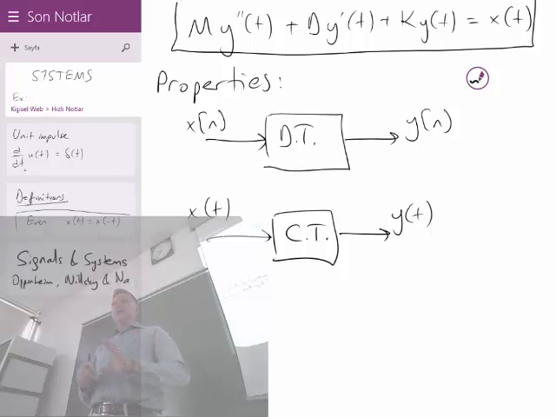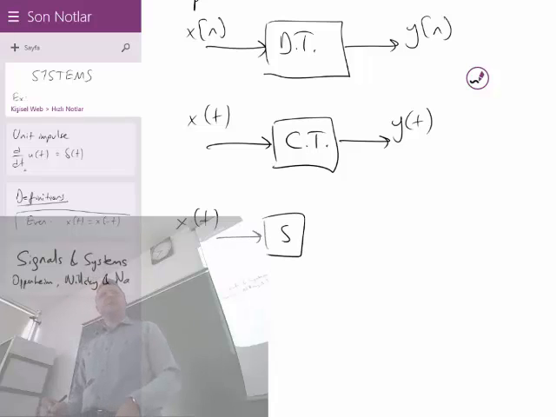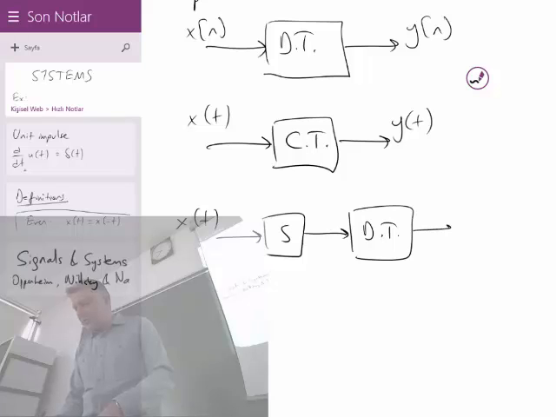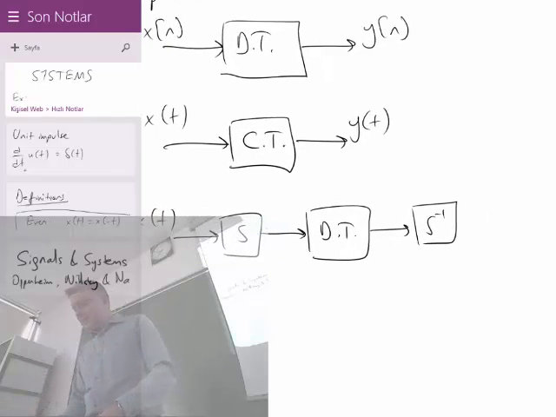What we really do, if we want to control or process a continuous time signal, is we first sample, analog to digital converter sort of thing, and then apply a discrete time system, which is the computer, and then we apply a digital to analog conversion this time, and the output will be y of t.